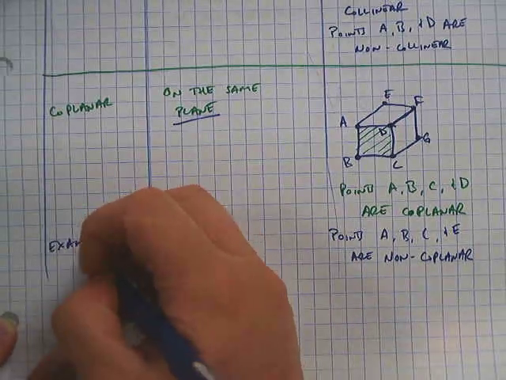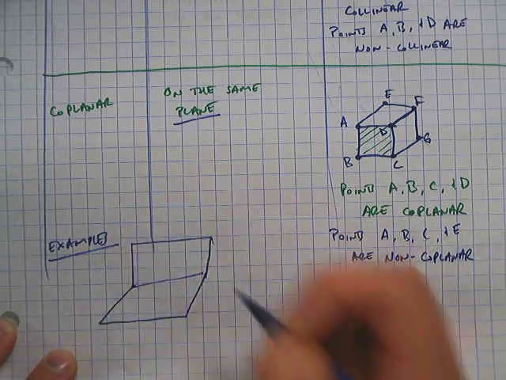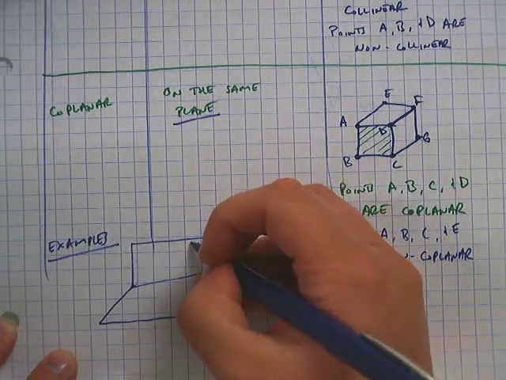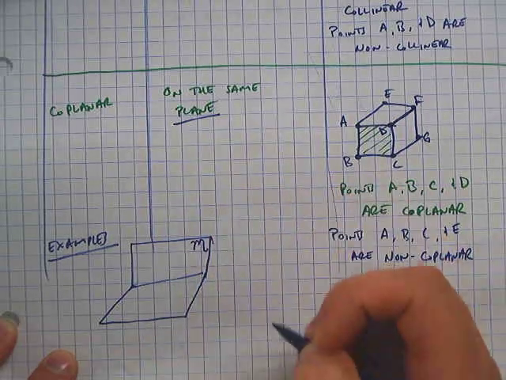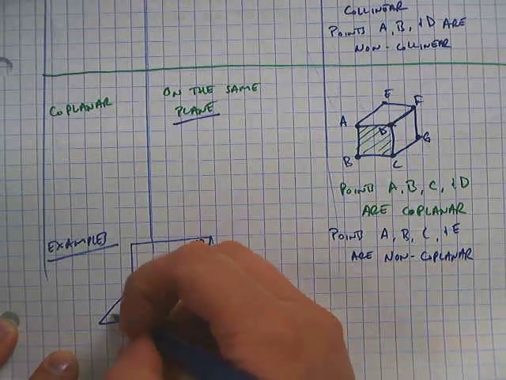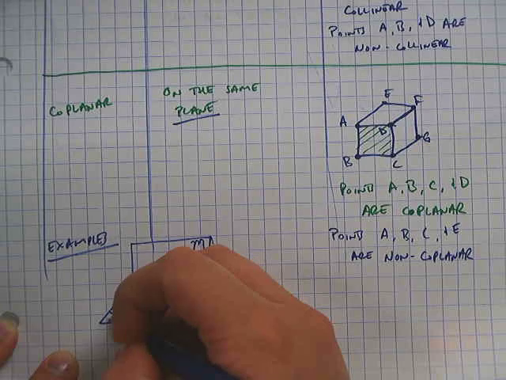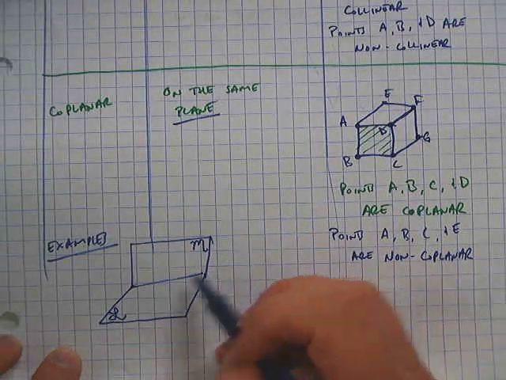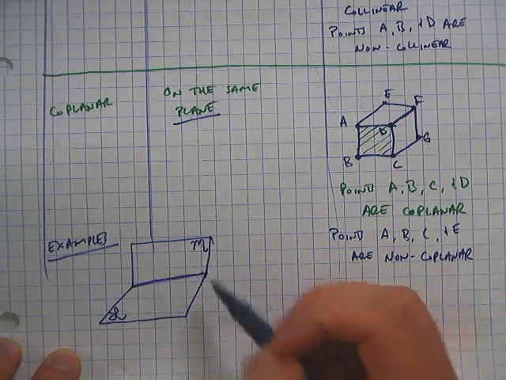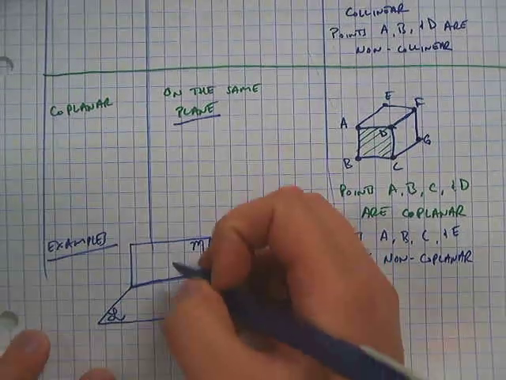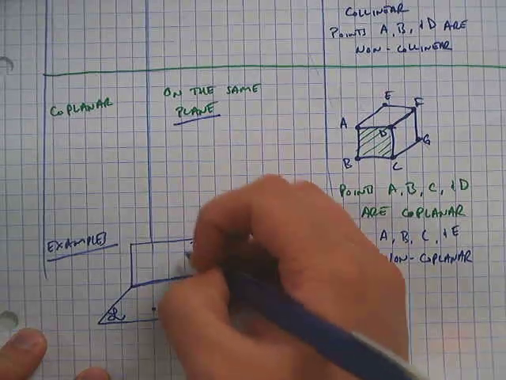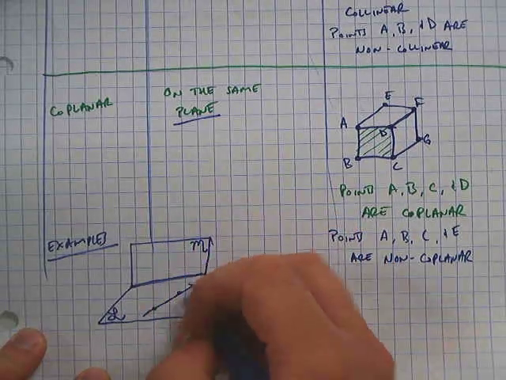Okay, so before we go, let's just do a couple little examples of problems you might see today. So we might be given a picture. Let's say it's a picture like this. And we've got two planes here.